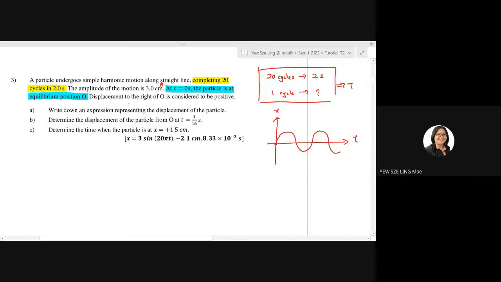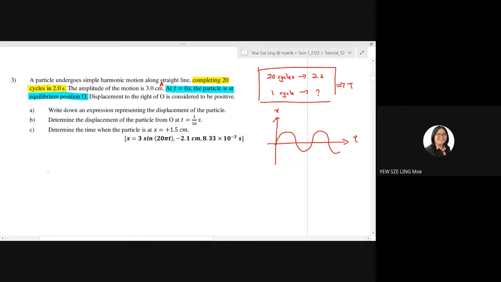Okay, so determine the displacement; the displacement to the right of O is considered to be positive. Write down an expression representing the displacement of the particle. So how are we going to determine the value? Now this question is actually very simple.